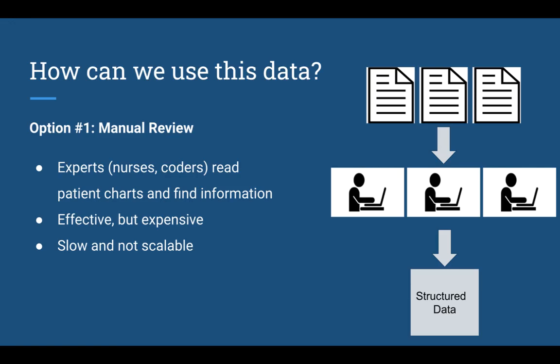So this is very effective because human judgment is really ideal, but it's very expensive. It takes a long time, and it's not necessarily a very effective use of these domain experts' time. So it's slow and it's not very scalable. And once you start getting to look at populations of patients who might be in the millions, this really doesn't scale up to that.